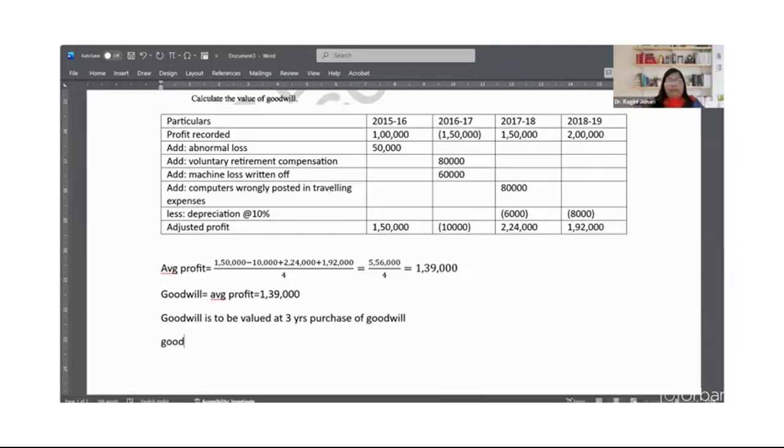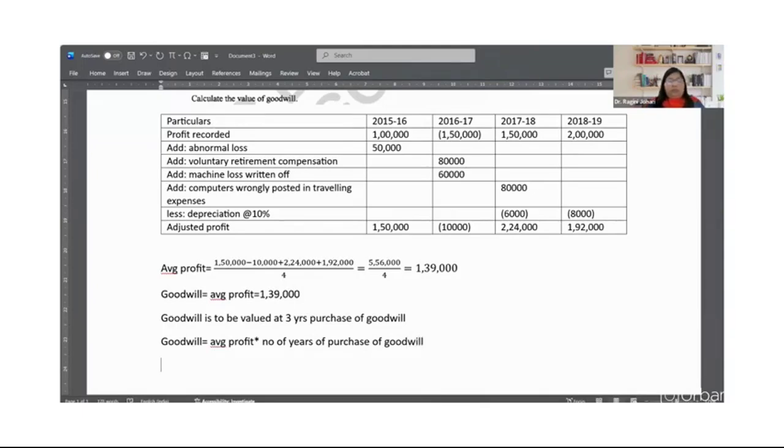In that case, we would have used this formula, that is average profit multiplied by number of years of purchase of goodwill.